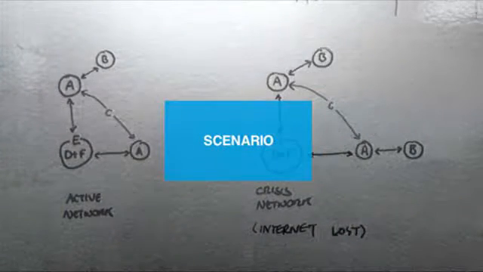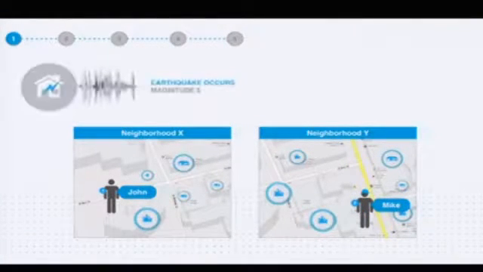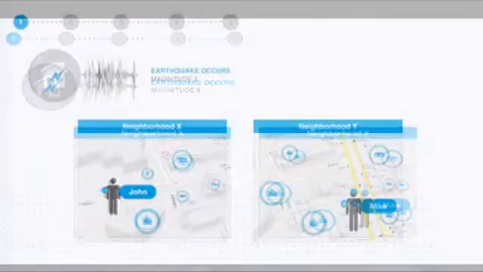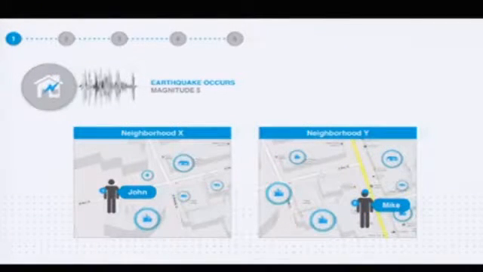So let's jump right into a scenario where we're going to show the functionality of a system like InNeed. So we have John here, who works in neighborhood X, and then we have Mike, who works in neighborhood Y. Now, an earthquake strikes. At this point, the base stations, which are pre-located in the neighborhoods, start to get up and running once people get over the first initial shocks of the earthquake.